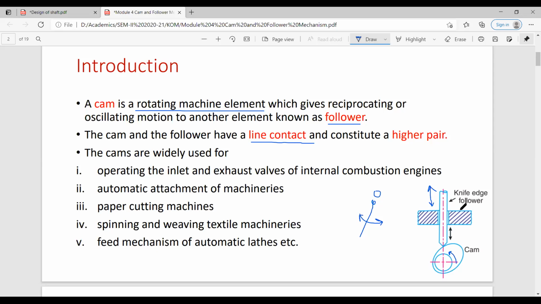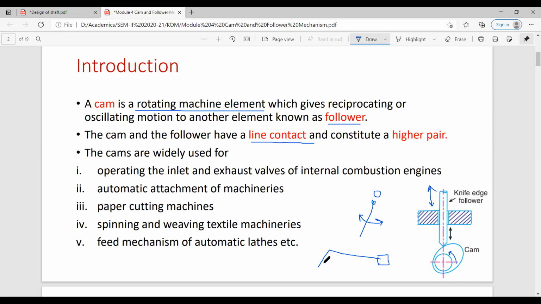Now you can imagine the simplicity of this mechanism. In other mechanisms, like the slider crank mechanism, there is a crank connected to the connecting rod, then the connecting rod is connected to a slider, and the crank is connected to the shaft.